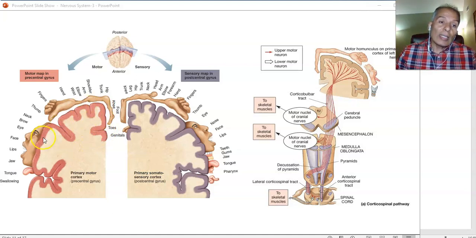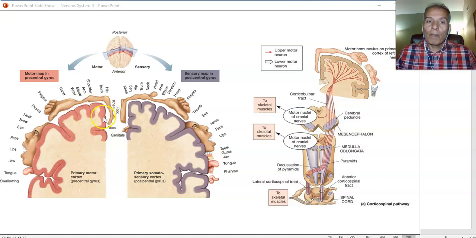What you are looking at now is called the homunculus, and especially the motor homunculus. Homunculus means little man in Latin. If you imagine a little person putting his legs in between the hemispheres, the toe is here in between, and bending over, this is the trunk, this is the waist, and this is the shoulders, hand and face.